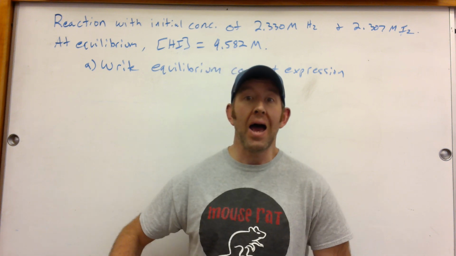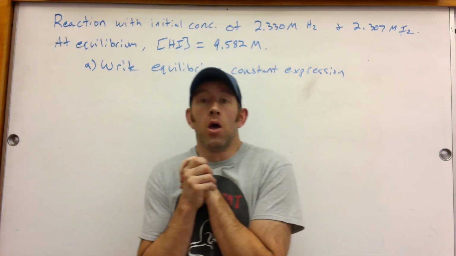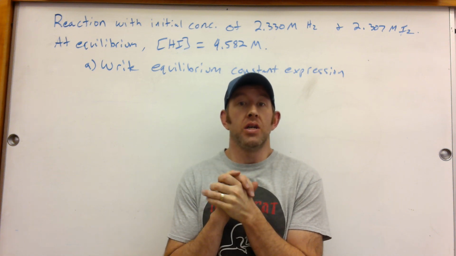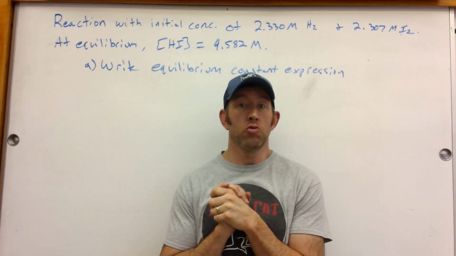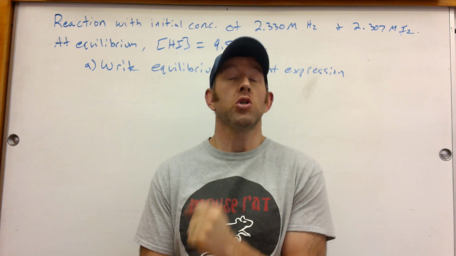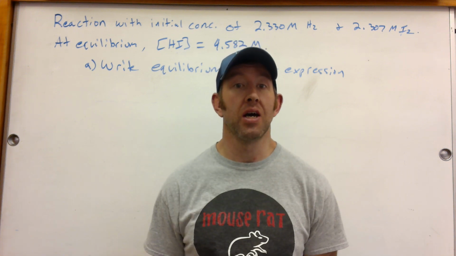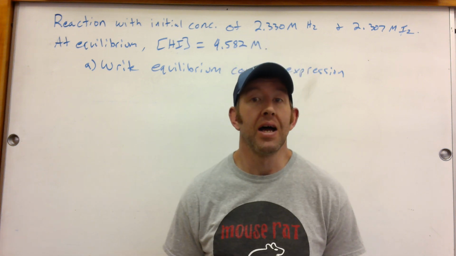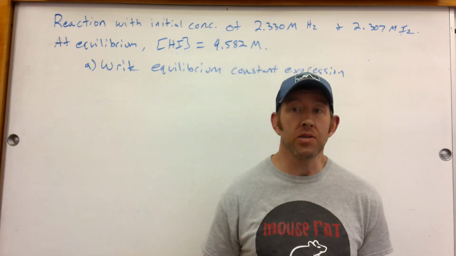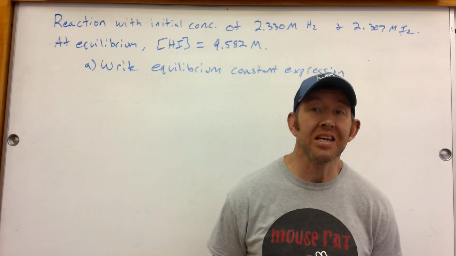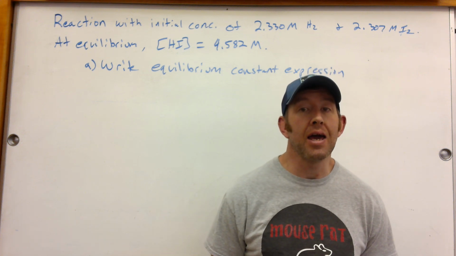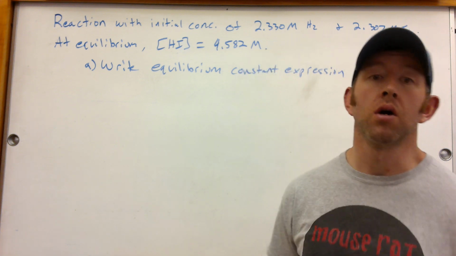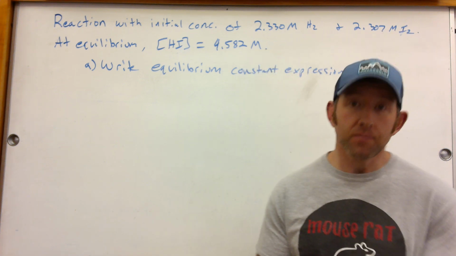But as it turns out, we have a reaction, right? And in that reaction, we have an initial molarity of 2.330 molar hydrogen gas, 2.307 molar iodine, all right? And when we're at equilibrium, we end up creating a molarity of 4.582 molar hydrogen iodide gas.